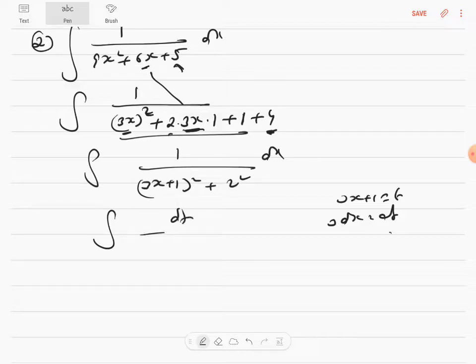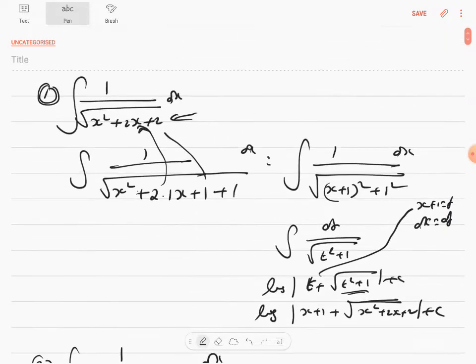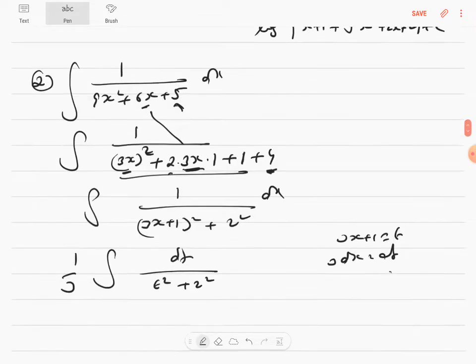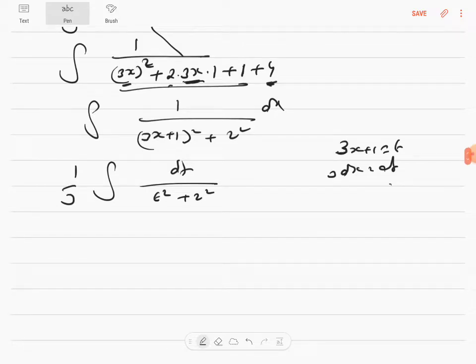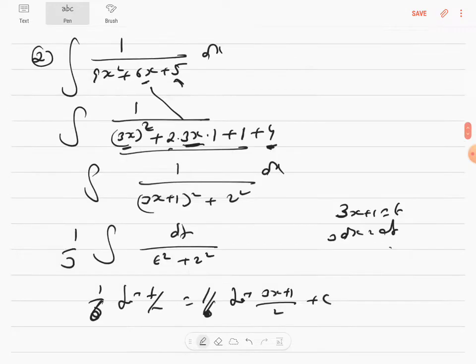So it's dt by t square plus 2 square, into 1 by 3. Because there's a coefficient, it's dt by 3 here, I'm differentiating. So then this is tan inverse, 1 by a, which is 1 by 2, which makes it 1 by 6 tan inverse of t by 2, so 1 by 6 into tan inverse of 3x plus 1 by 2 plus c, that's all. So that's so little.